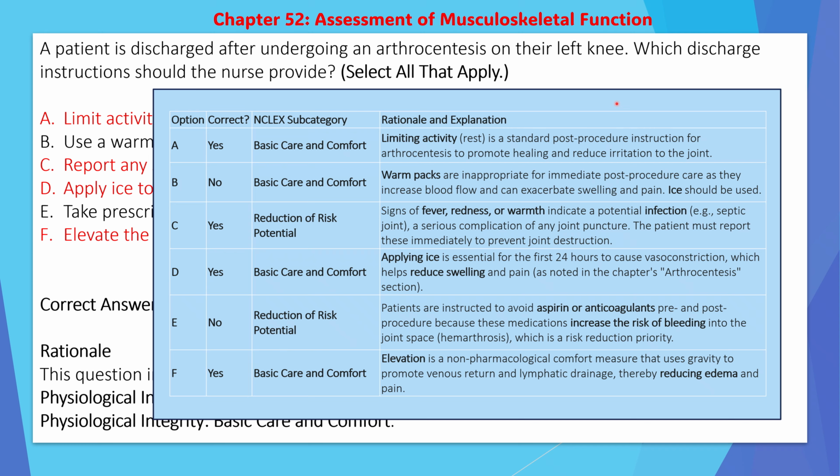E is not correct, even though it kind of sounds like reduction of risk potential. Patients are instructed to avoid aspirin or anticoagulants pre and post procedure, because those medications increase the risk of bleeding into the joint space, hemarthrosis, which is a risk reduction priority.